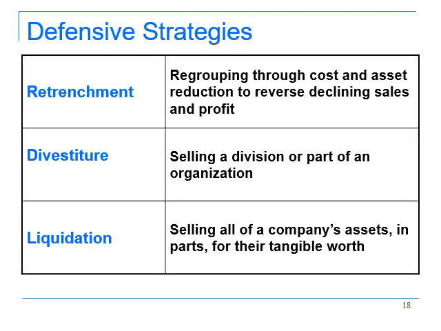The first one is retrenchment, which occurs when an organization regroups through cost and asset reduction to reverse declining sales and profit. Sometimes called a turnaround or reorganizational strategy.